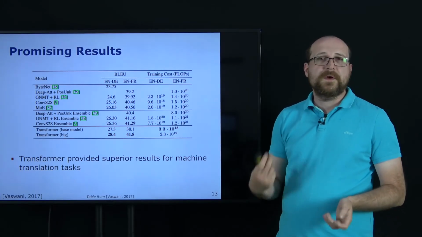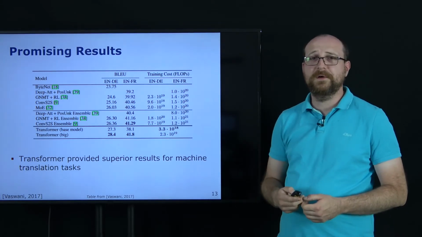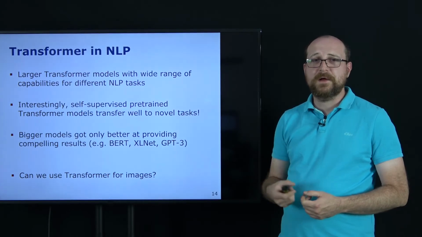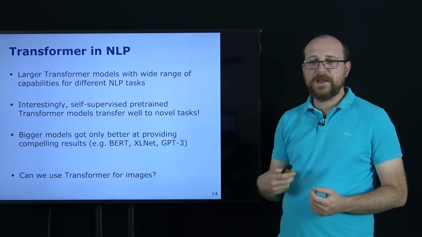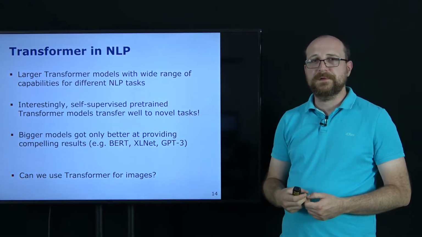So these very promising results led to much research in natural language processing, and the larger transformer models had a wide range of capabilities for different natural language processing tasks.